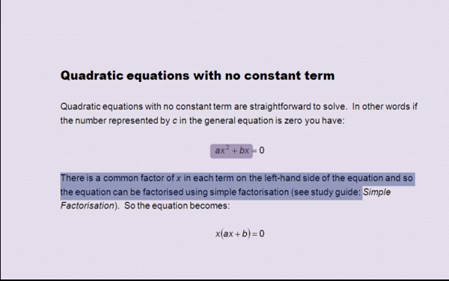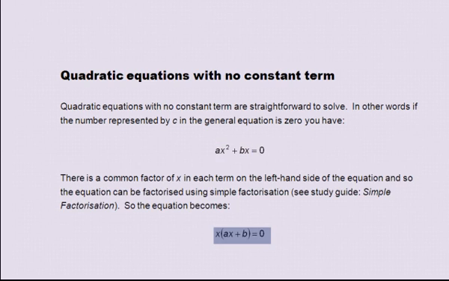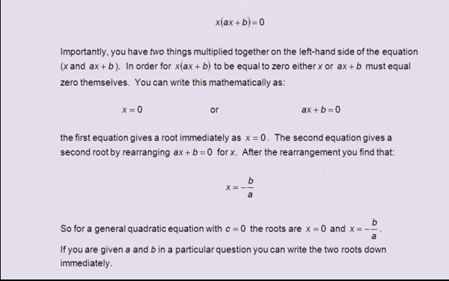See the study guide, Simple Factorisation. So the equation becomes x multiplied by ax plus b equals 0. Importantly, you have two things multiplied together on the left-hand side of the equation, x and ax plus b.